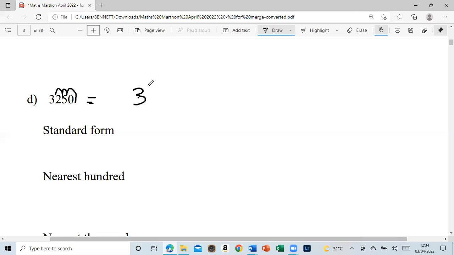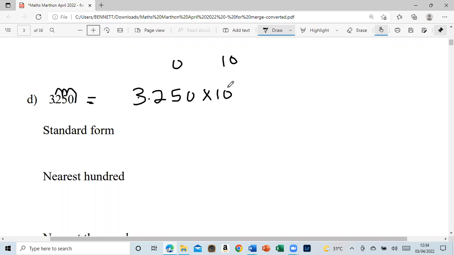Because standard form states that the number must be between 1 and 10, so it has to be a single digit. So we carry it to right here. So it couldn't be 32 or 325. It has to be 3.25 in that case. And then we count the number of places that we move, which is 3.